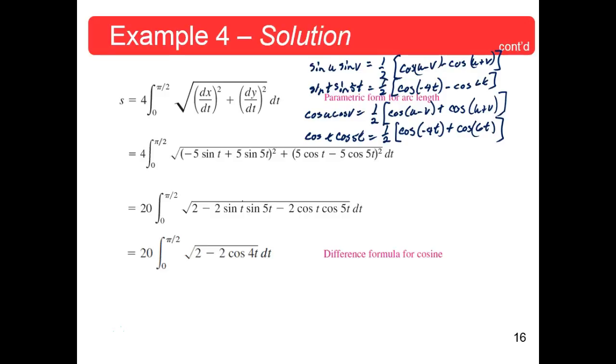So what we have here is 2 minus, and you had one up there, cosine 4t, another one down here. Those 1/2 went out with these 2's, but now you've got 2 of those again, so it's minus 2 cosine 4t dt. Now, that's a much nicer looking thing here.